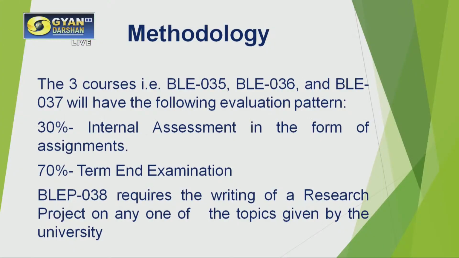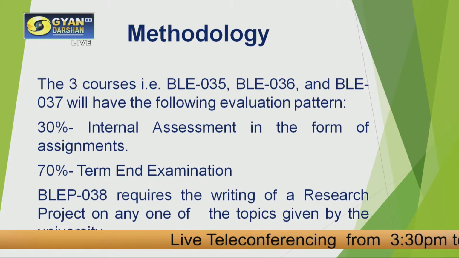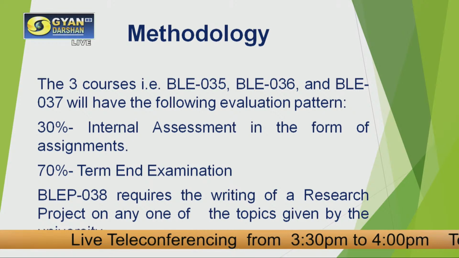Now, with regard to methodology, there are 3 courses: BLE 35, 36 and 37. These are the course codes. In IGNOU, every paper, or what we call courses, has been given a code for identification so that it can be easily identified.